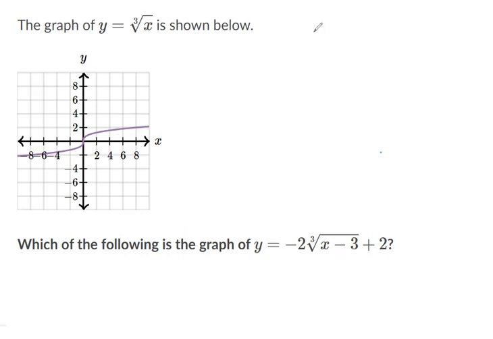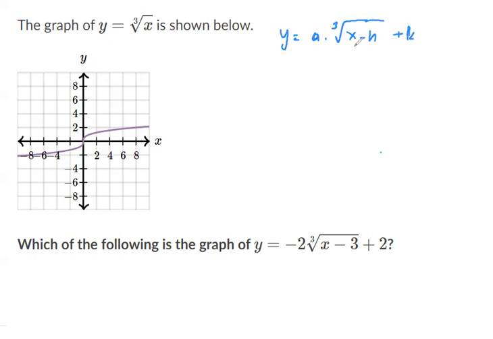So whenever we have a function, let me write this in general. y equals a times, like any function, but for the sake of this I'm going to go with the cube root of (x minus h), plus k. This is one of the general forms that we use for the cube root function.